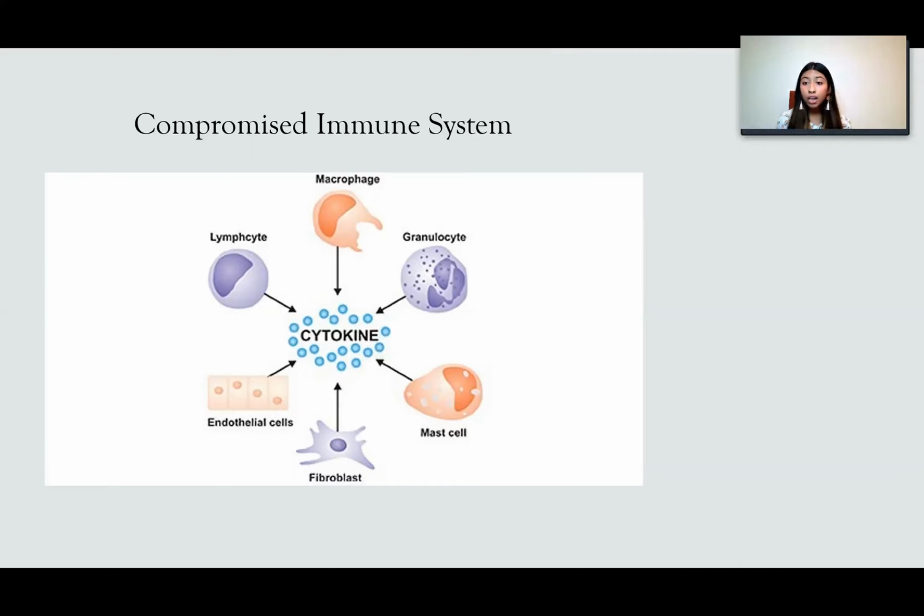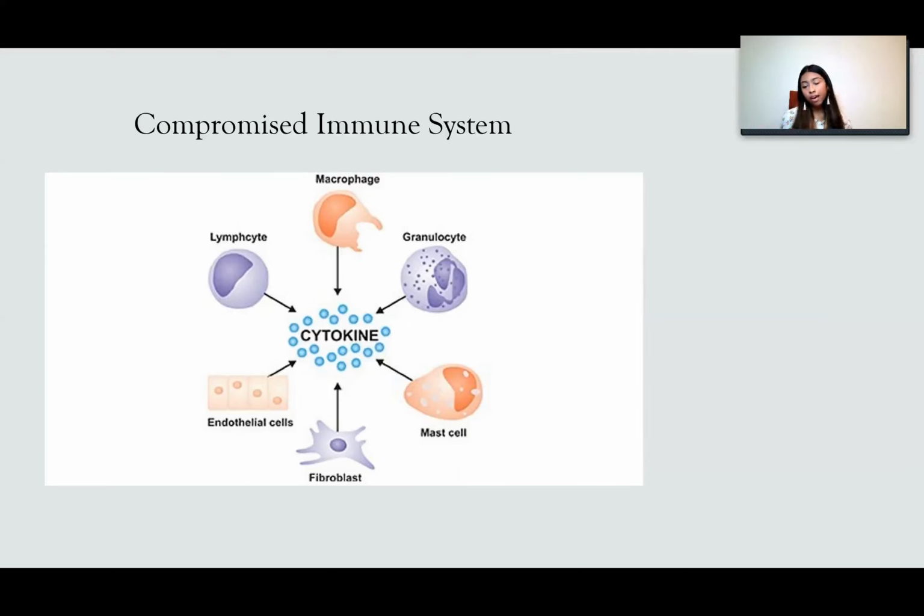And cytokines are important because many different types of immune cells depend on them. From this image, you can see lymphocytes, macrophages, granulocytes, mast cells, fibroblasts, endothelial cells. It's not necessary that you know what each of these immune cells do, but basically what you should know is that these immune cells work to fight off pathogens and infectious bacteria and help to strengthen our immune system.